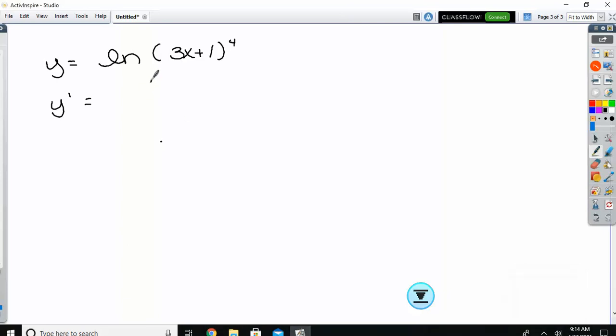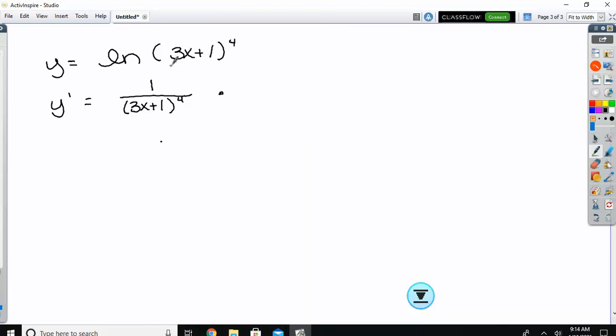So the derivative of this, you do 1 over the argument, which is the thing you're taking the log of. But we have to also still apply our chain rule. So 1 over the argument times the derivative of the inside.